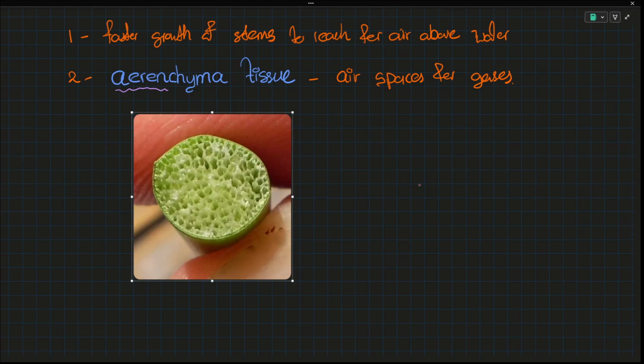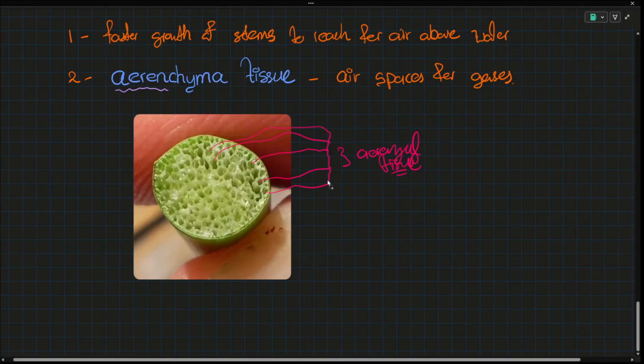When we are doing so, we have these air spaces. See, these are empty spaces, nothing's inside. Those are actually aerenchyma tissue, air spaces.